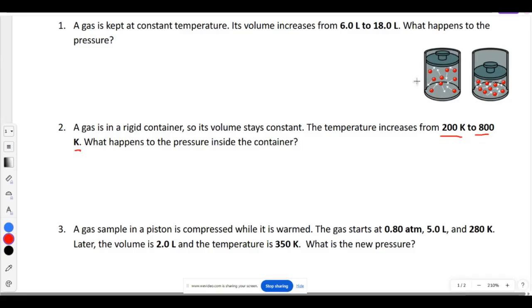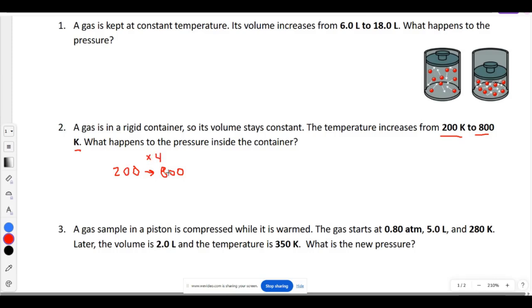So it's basically the opposite of what we did the first time. The temperature goes from 200 to 800 Kelvin. To go from 200 to 800, that's times 4.